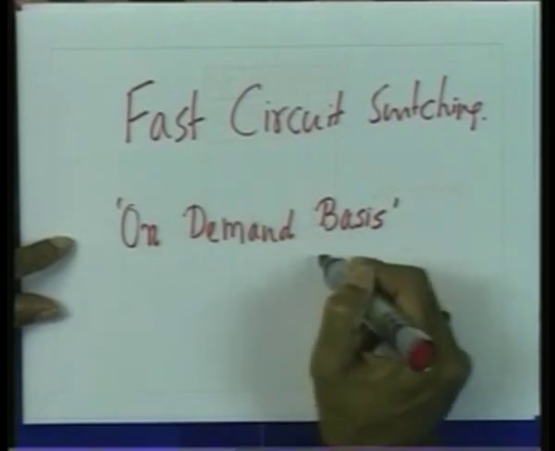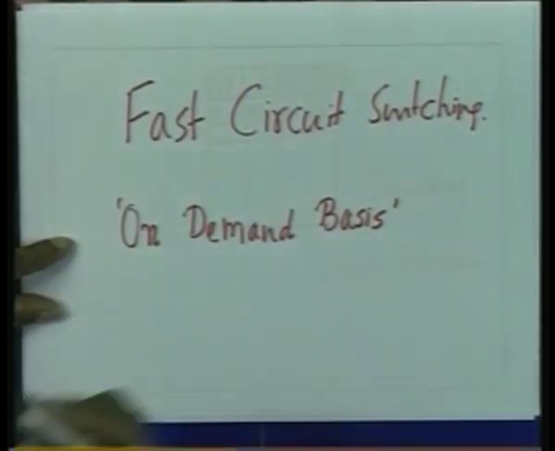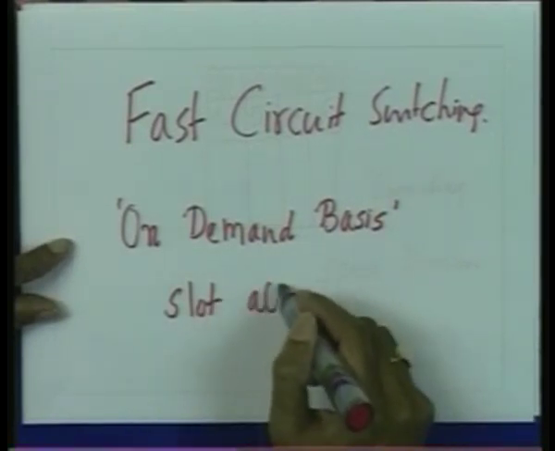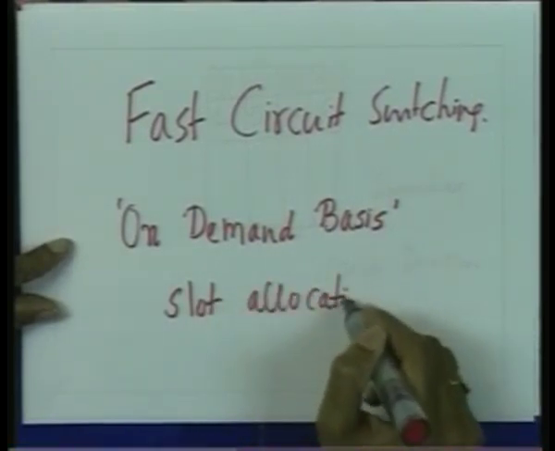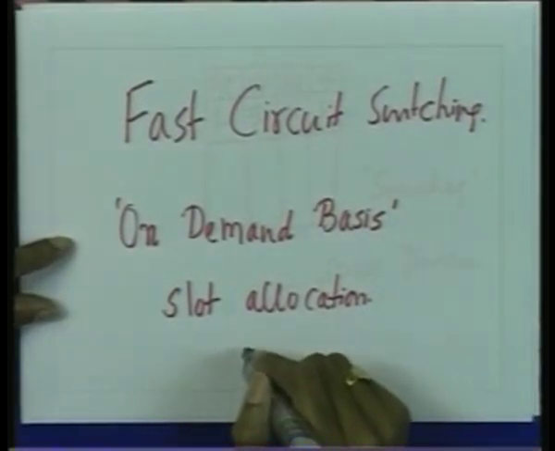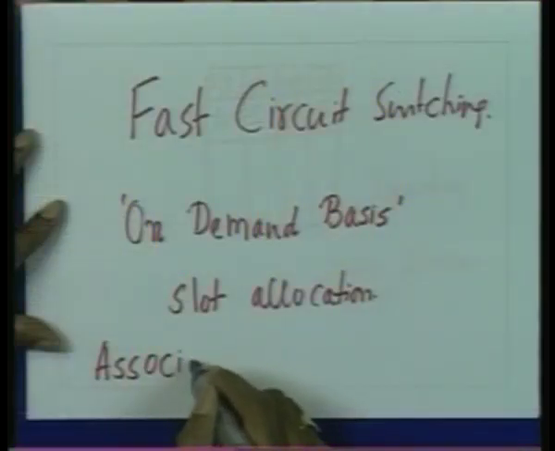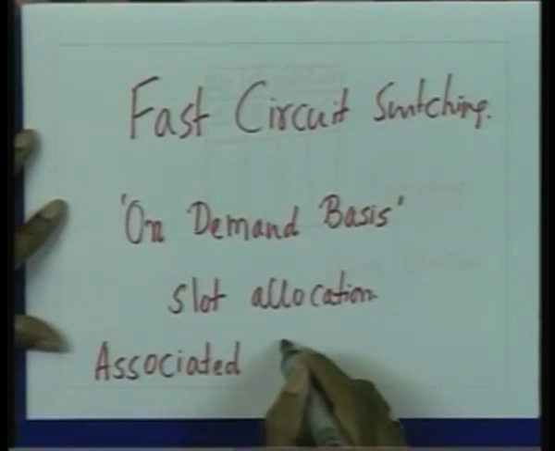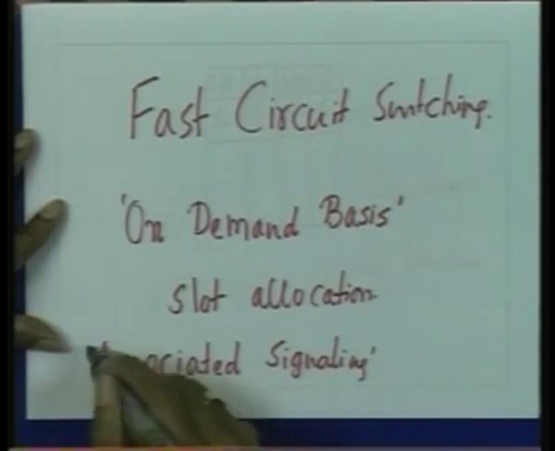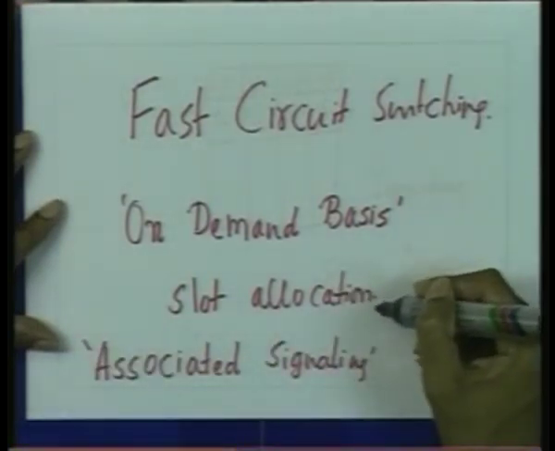So in fast circuit switching, we are doing slot allocation on demand basis. The idea is that by using some kind of associated signaling, you can allocate the slots on demand.